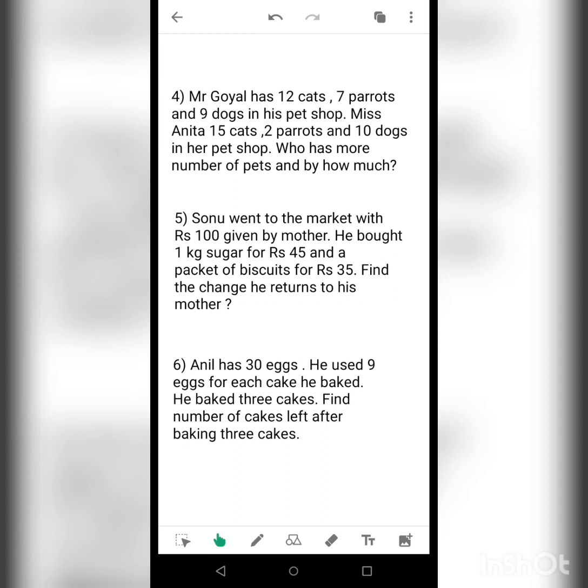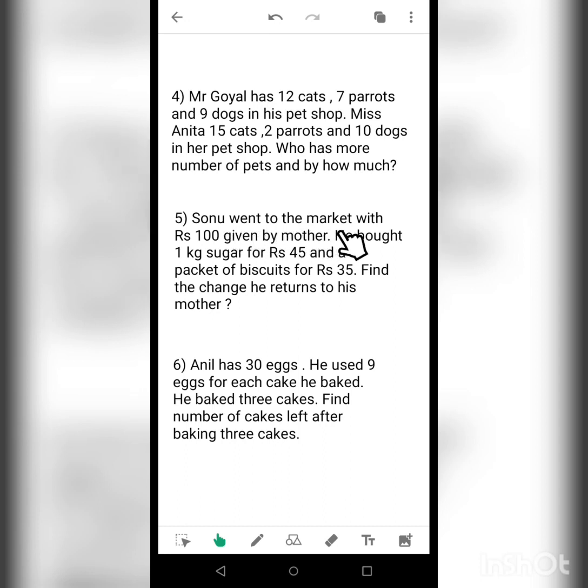You have to find out who has more number of pets and by how much. So sum the quantities of the number of animals they have in their pet shop, then compare who has more number of pets, and then from the greater value you subtract the smaller or lesser value.